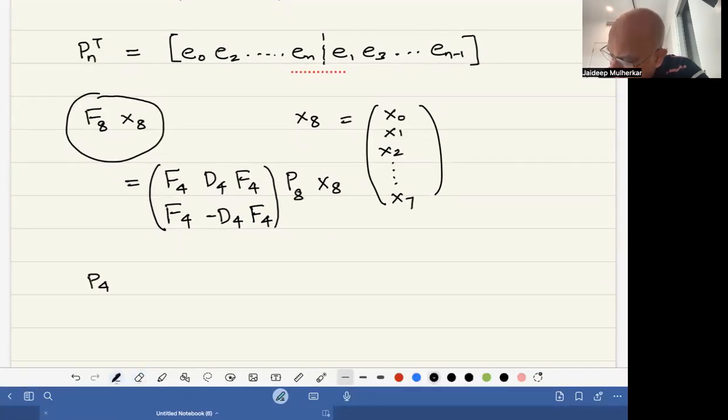So P8 applied to x8 will just get all the even terms together, even components too.